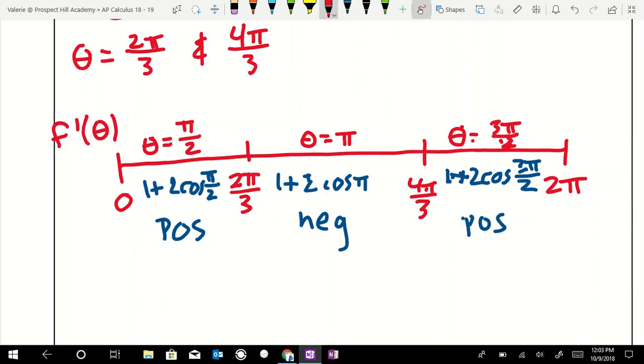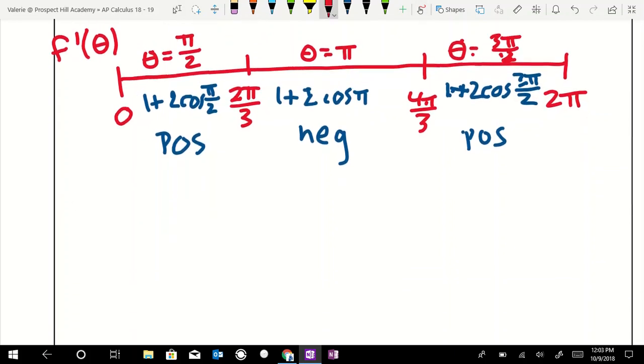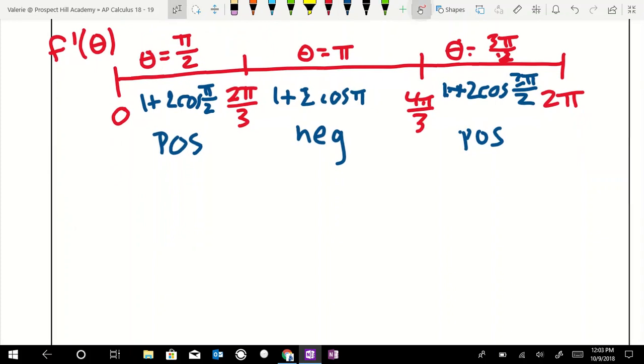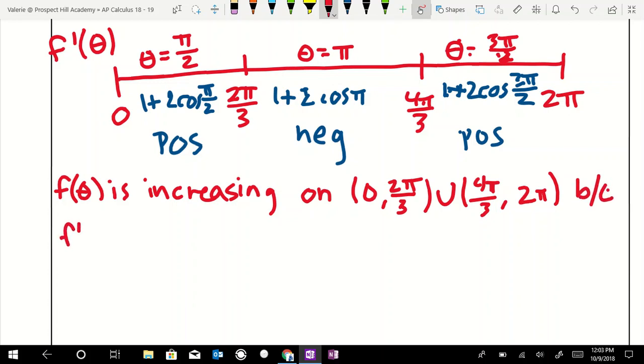So if we are to analyze this information, we can see that f of theta is increasing on the intervals from 0 to 2 pi over 3 and 4 pi over 3 to 2 pi, because f prime of theta is greater than 0.